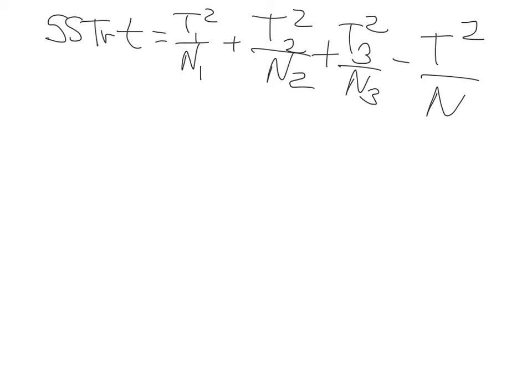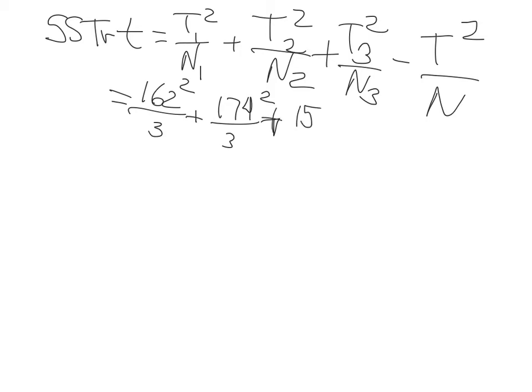So you do however many little t's there are, and then subtract out the grand T. So we're going to have 162 squared over 3 plus 174 squared over 3 plus 159 squared over 3 minus 495 squared over 9.